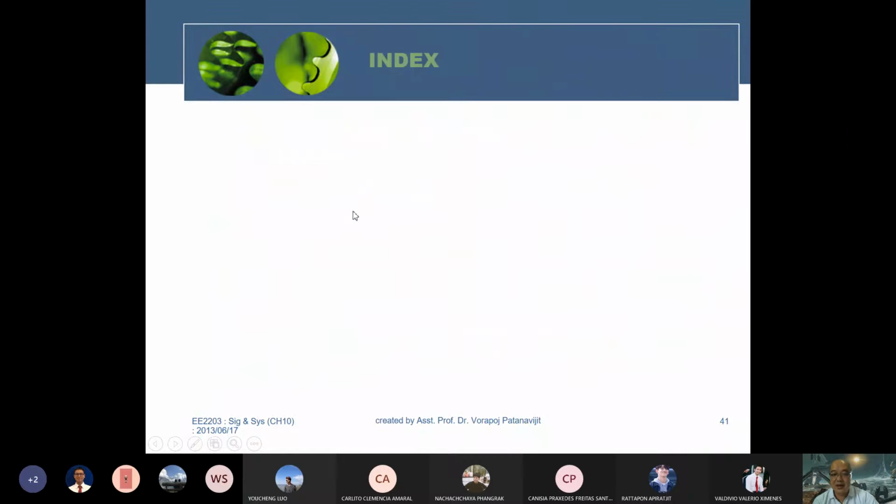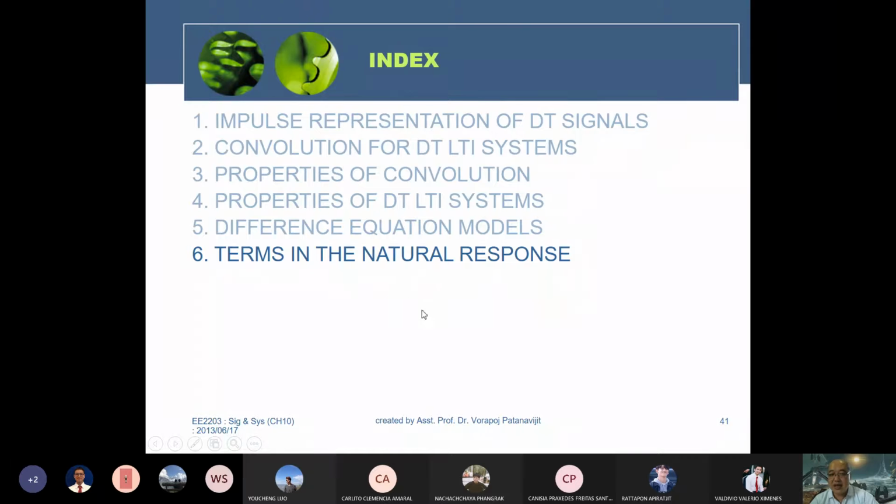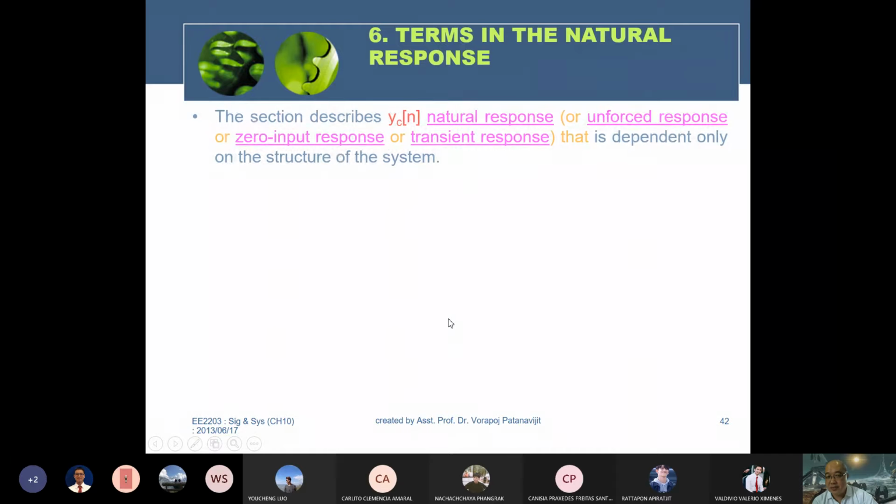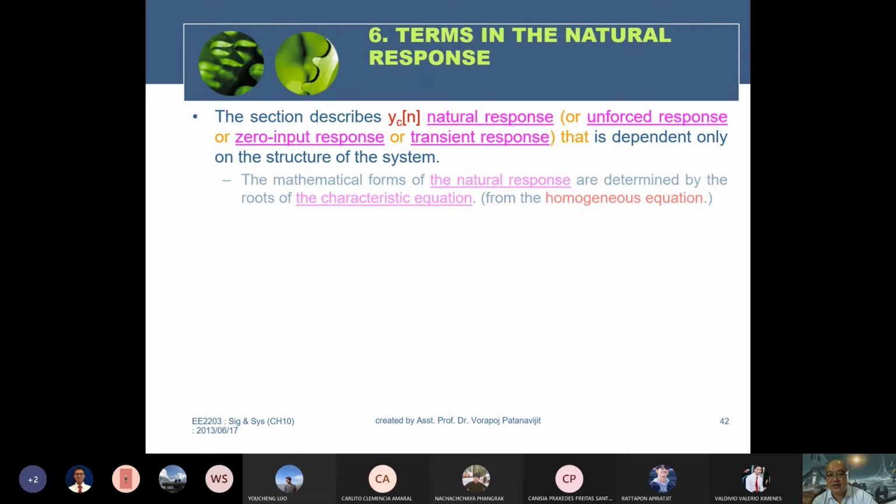Okay, next one. The term in the natural response. We concentrate on the complementary function, or the natural response. This section describes that Yc, the natural response, or the unforced response, or zero input response, or the transient response, is dependent only on the structure of the system.